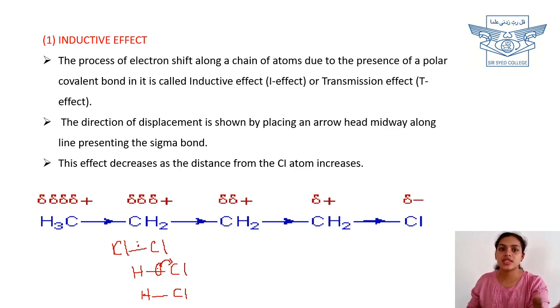But here, since the chlorine is electronegative, chlorine develops a delta negative charge. As a result, hydrogen develops a delta positive charge. So in Cl2, it's a pure covalent bond, but in the case of HCl, it is a polar covalent bond.